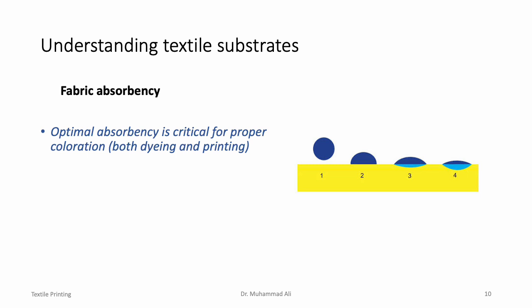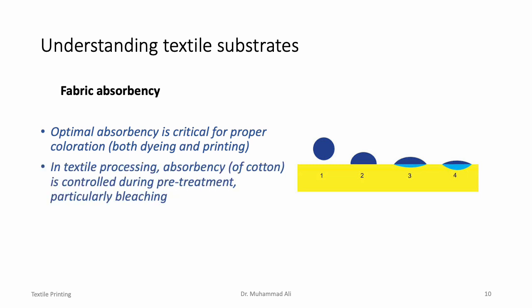So if an ink droplet gets absorbed into the fabric too much, then probably the result would be dullness in the colors. So before printing, we set the absorbency, and that is done, of course, in the pre-treatment operations and primarily during bleaching. That's valid for hydrophilic textiles such as cotton. Think about this. Is too much absorbency good? Do you want a lot of print paste to get absorbed into the fabric?